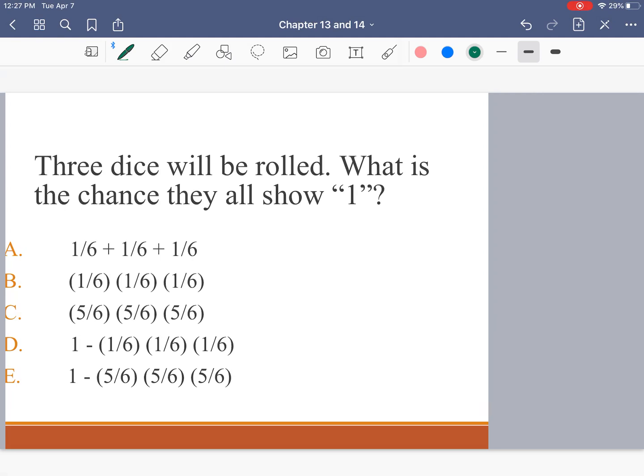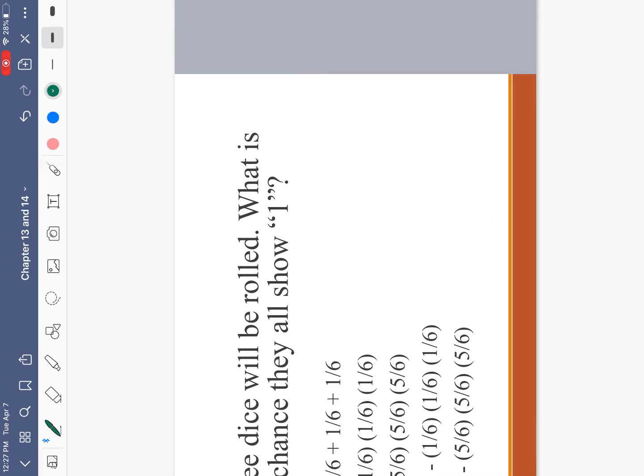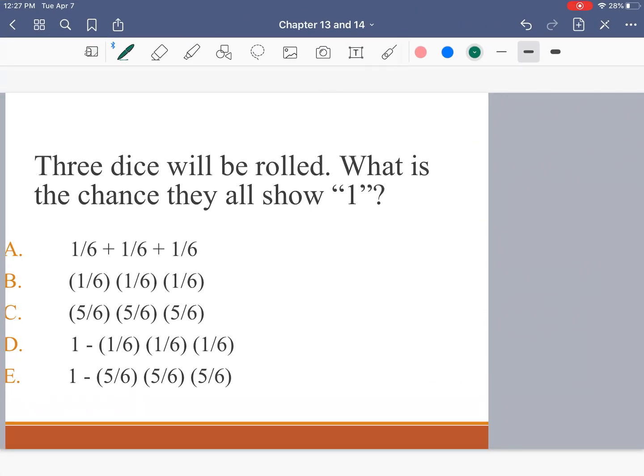Okay, a couple more questions. 3 dice will be rolled. What is the chance that they all show 1? Well, there's only one possibility for all 3 of them to show 1. I don't like this problem either. It's more complicated than it needs to be.